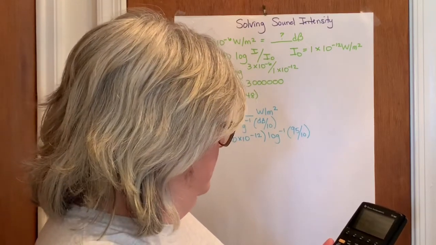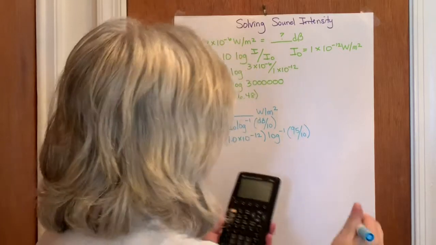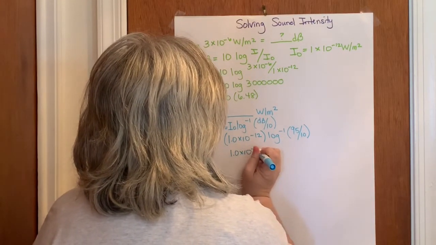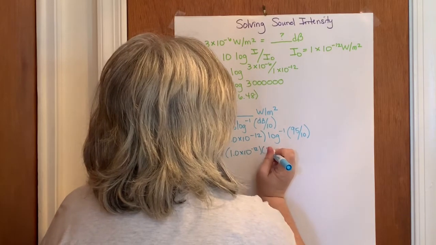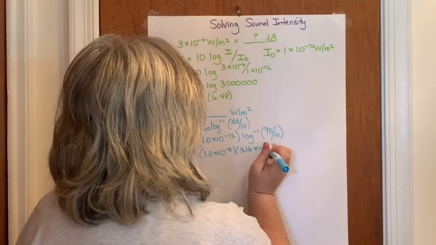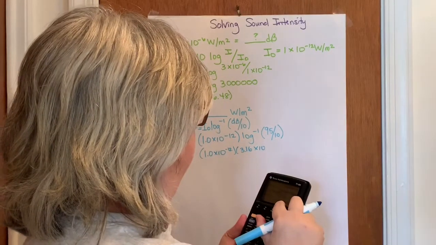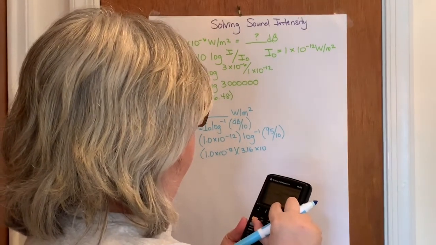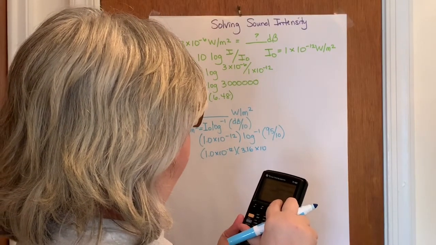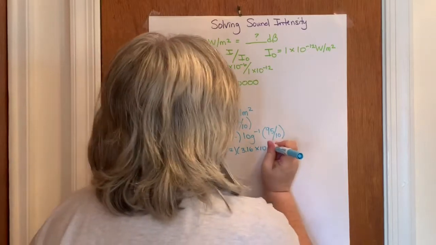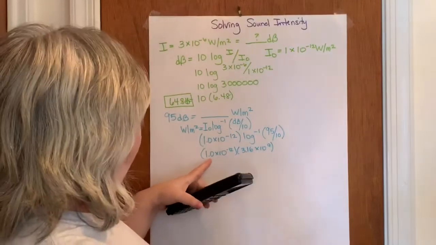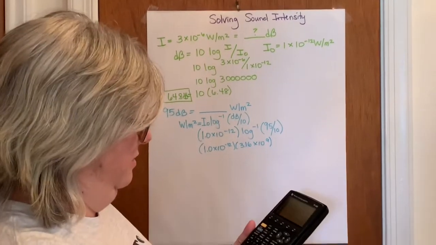That gives me 3.16 times 10 to the 9th, which I'm now just going to multiply by my 1 times 10 to the negative 12th.